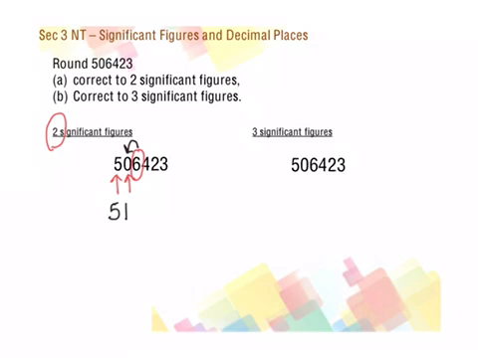So what can we do to make it of the correct place value? We will need to change all the numbers at the back to become 0. So this will give me 510,000 in two significant figures.